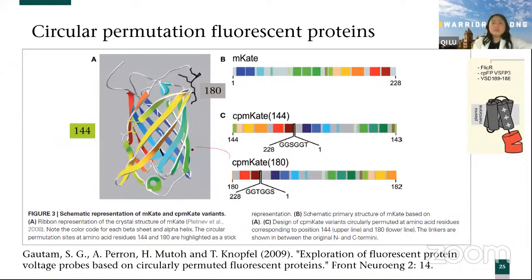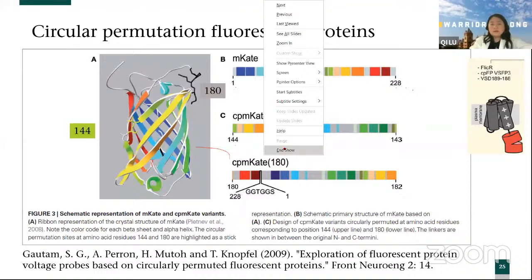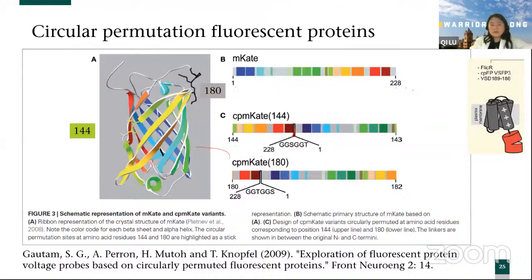the fluorescent protein from 1 to 228, and they dramatically change the encoding to start from 144, inserting the end in the center of the sequence, and also including the first amino acid.